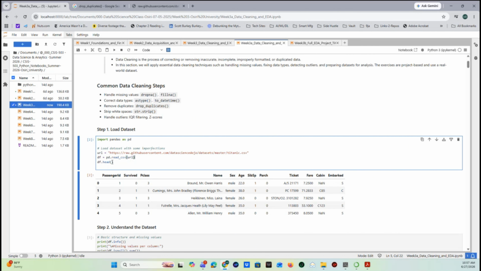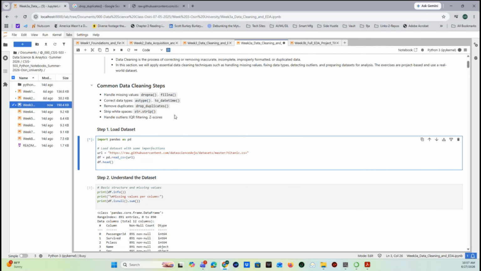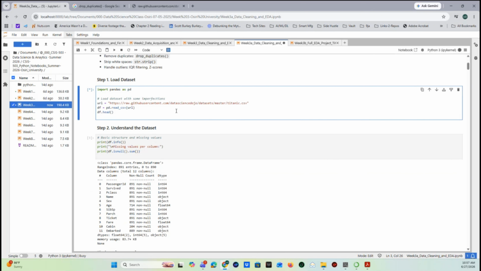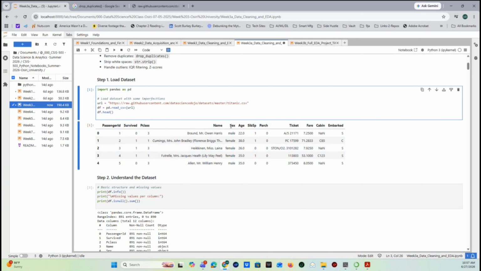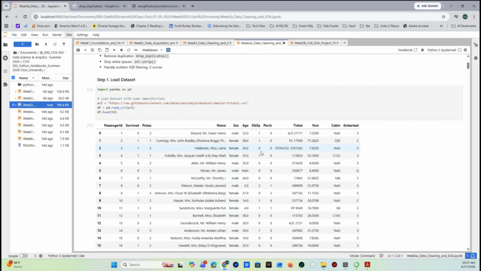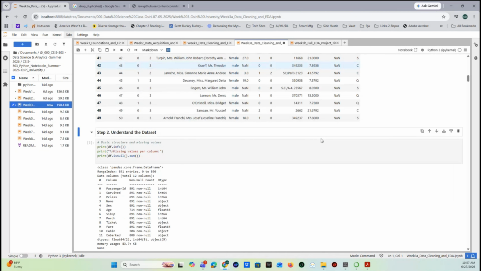But if you don't put anything, the default value here is 5, but I can decide to put anything there and get more. So if I run this, it's running. So this is what I have. So let's see if I want to see some more. I can just say, let's make it 50 rows, right? I run my 50. Now all of a sudden I'm seeing the 50 rows.